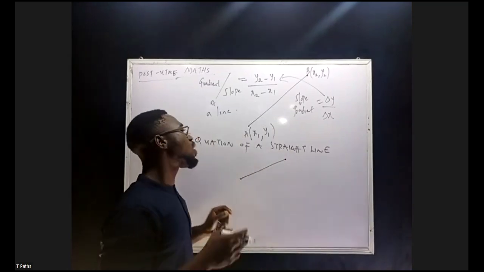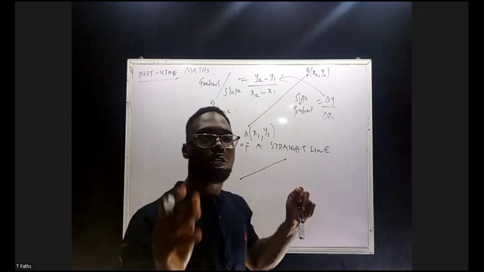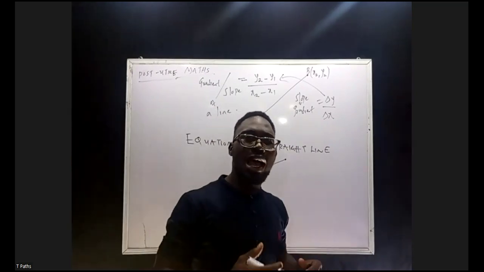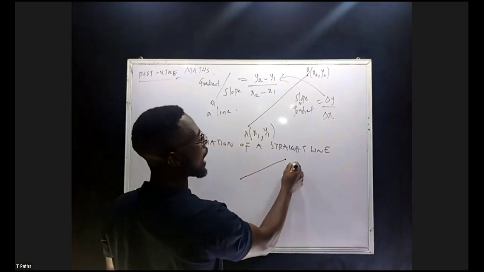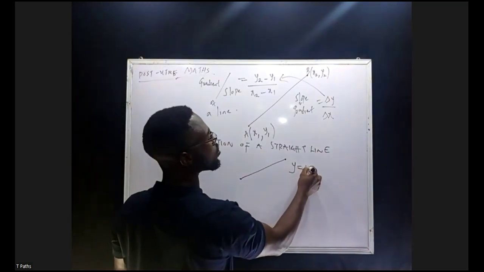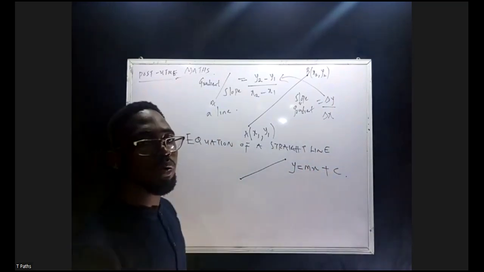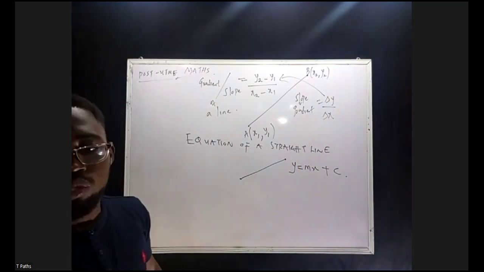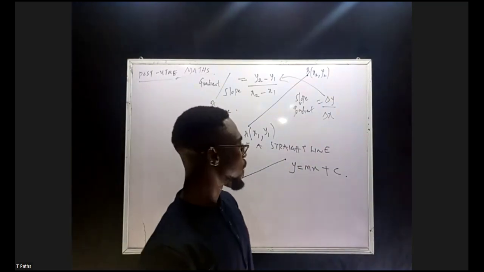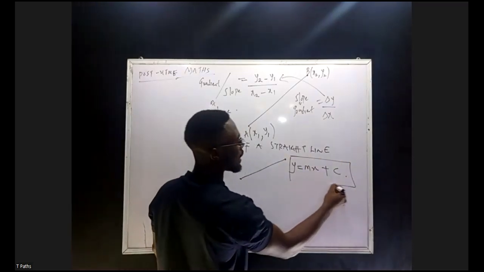Now, what is the equation of a straight line? The general form of the equation of a straight line is given as y equals mx plus c. That's the general form of the equation of a straight line.